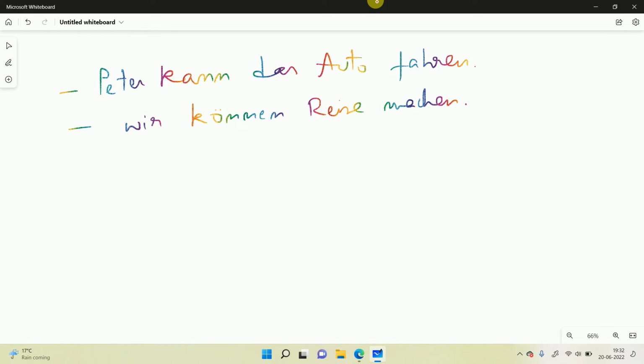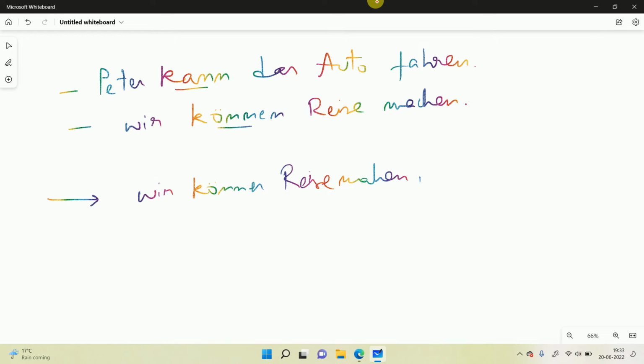So here you see there is a usage of modal verb. Instead of giving any wild guess, I would straight away tell you how things would work. It will be something like: wir können Reise machen.